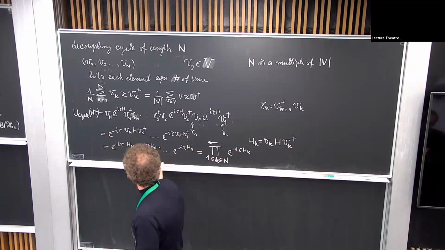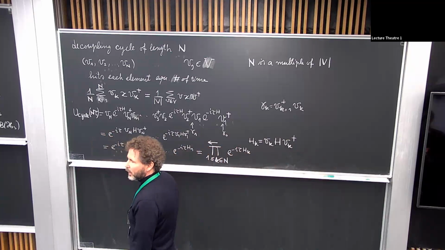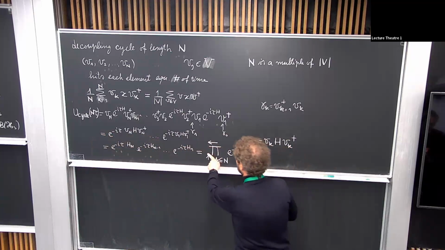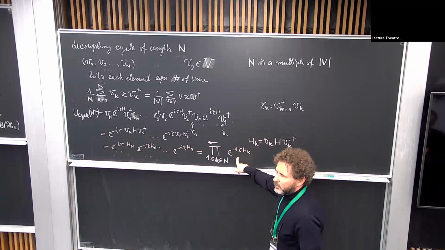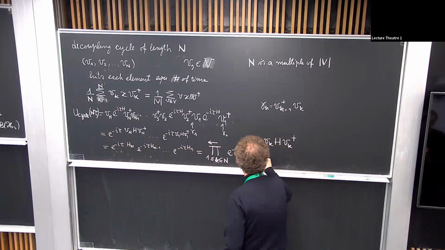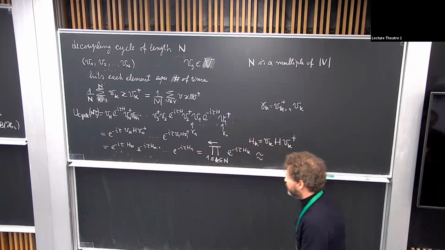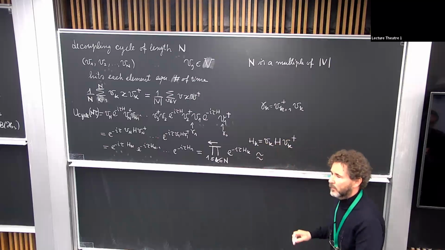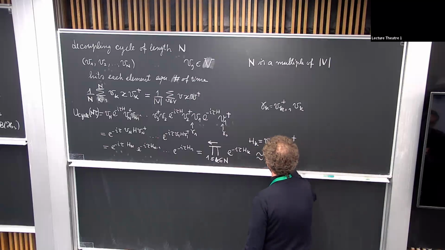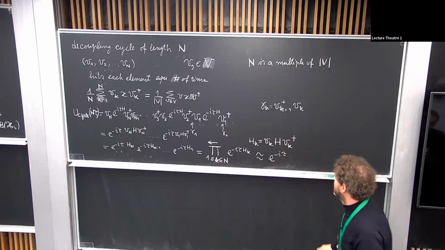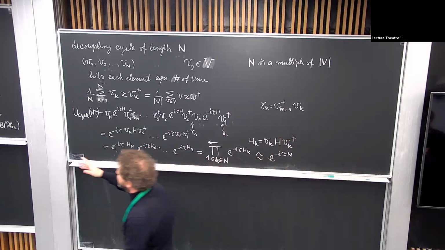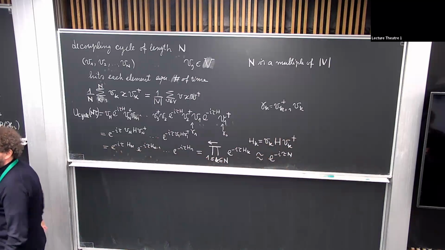So here you get a Trotter product formula, and I don't like this evolution. I would like to have something, this is my desideratum: I want this to be a phase.